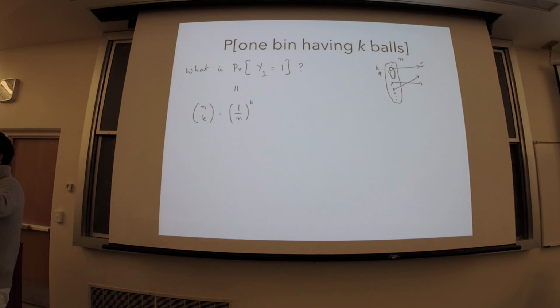And you want everybody outside that k size set to go to something other than bin 1, so that happens with n minus 1 over n to the power of n minus k.